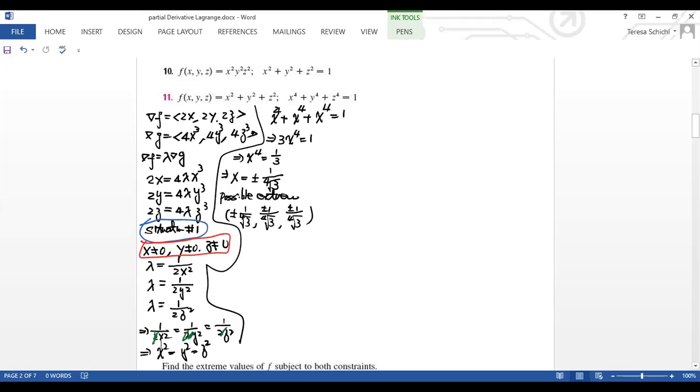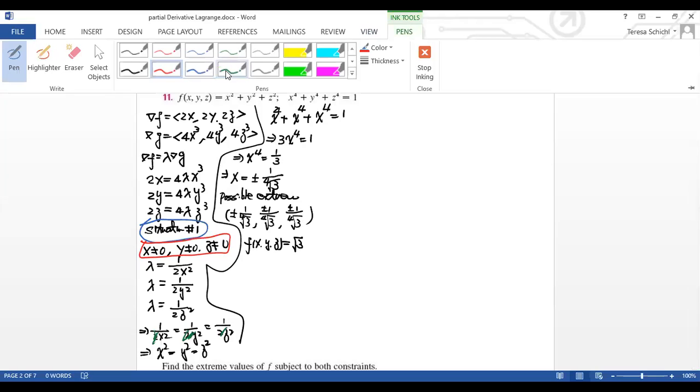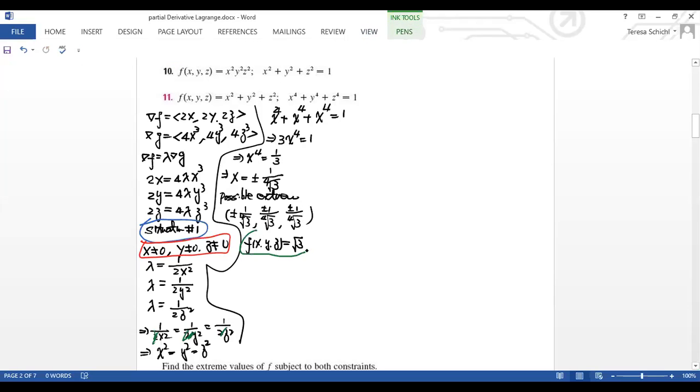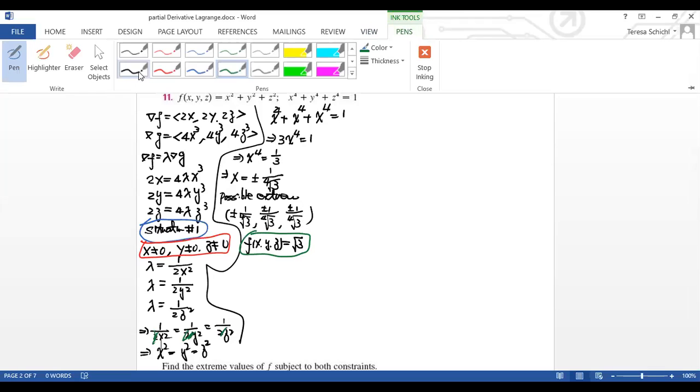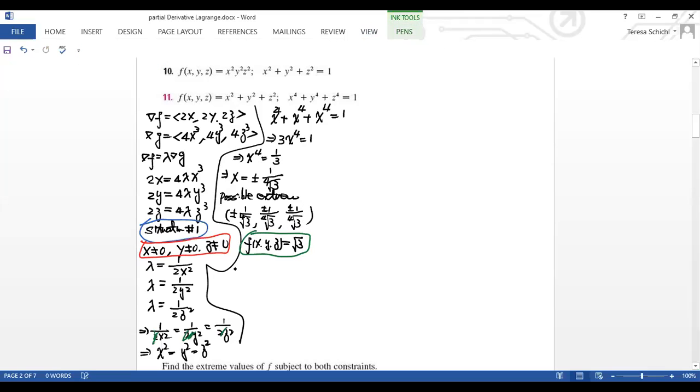But luckily, when we substitute into my f of x, y, z, because they're all squared, what do I get here? For this set of values, when you substitute, I get the square root of 3. Let me circle this. So this is the square root of 3. Okay, so now let's take a look at situation number 2.